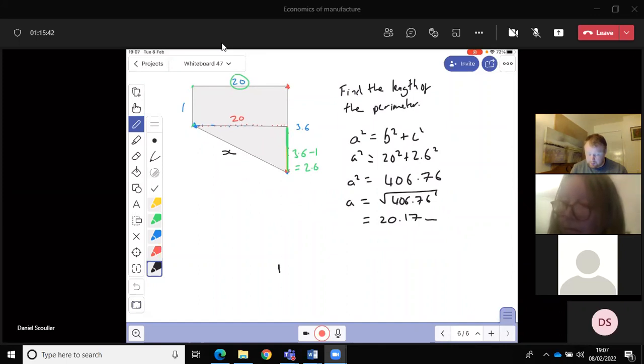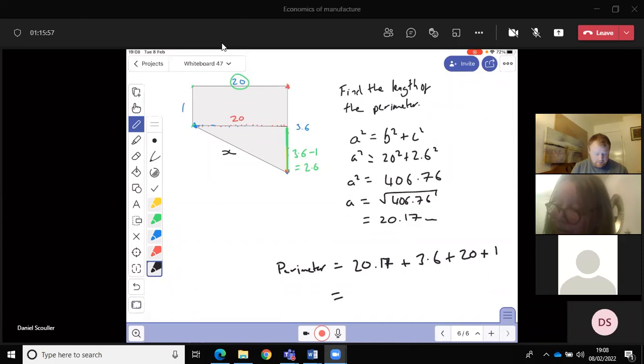So perimeter total is 20.17 plus your 3.6 plus your 20 plus your 1, and whatever that may be, meters.